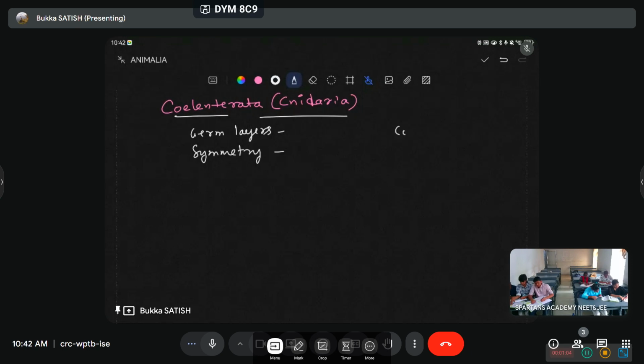Symmetry, coelom, level of organization, done.